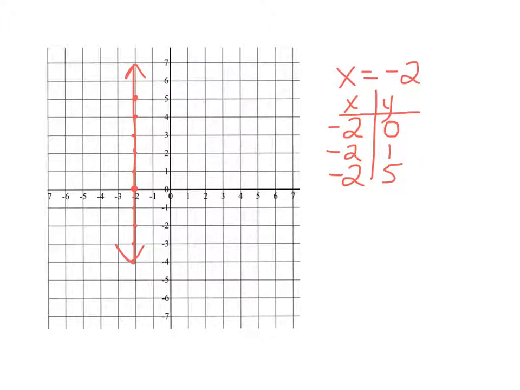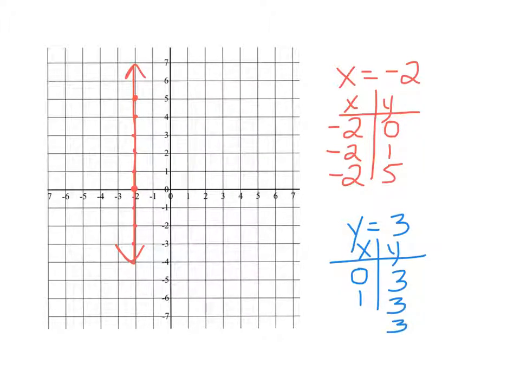If I had y is equal to 3, it's the same type of thing. I'm going to set up a t-chart, x and y. I'm going to say y is equal to 3, and I don't care what x can be. Once again, x could be 0, or if y was equal to 3, x could be 1. If y was equal to 3, x could be negative 4. I can pick anything at all that I want to.